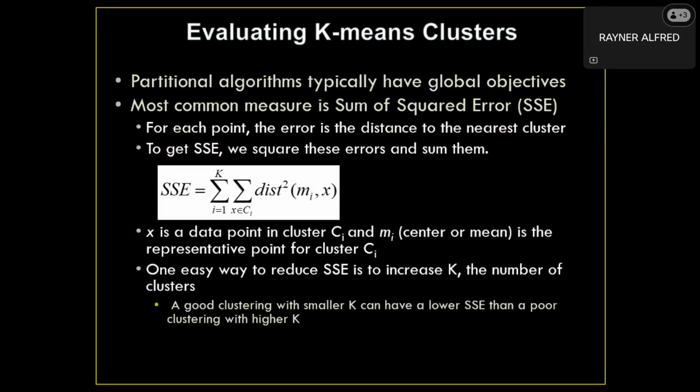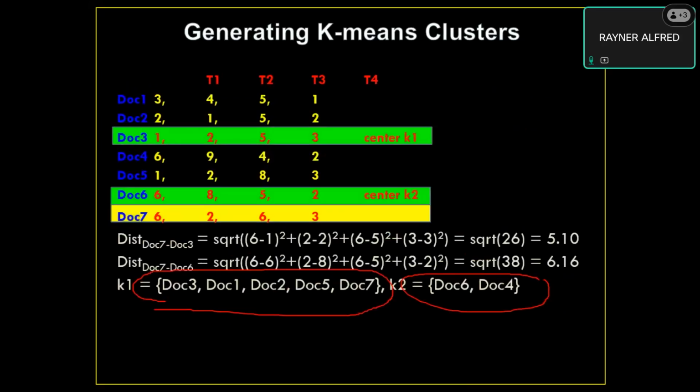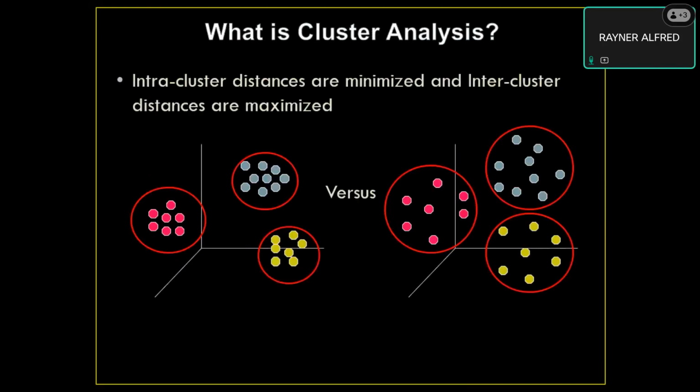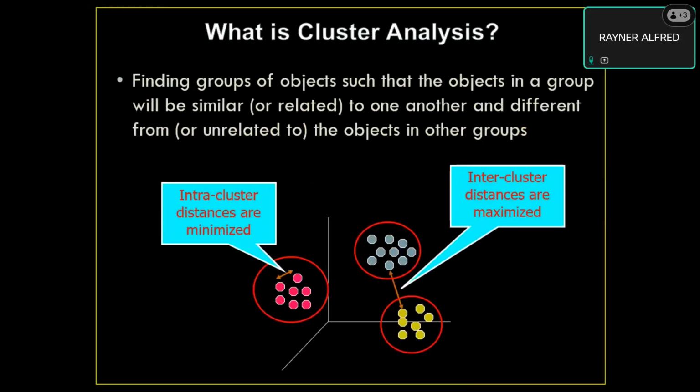Okay? If I go back to this here, when we want to find a good cluster, we are looking into what? We are looking into the compactness of the cluster and also how far they are separated from each other. Okay, so now we will look into this.